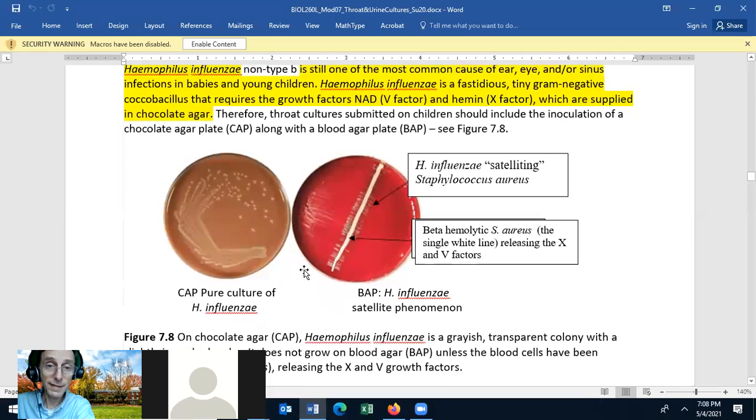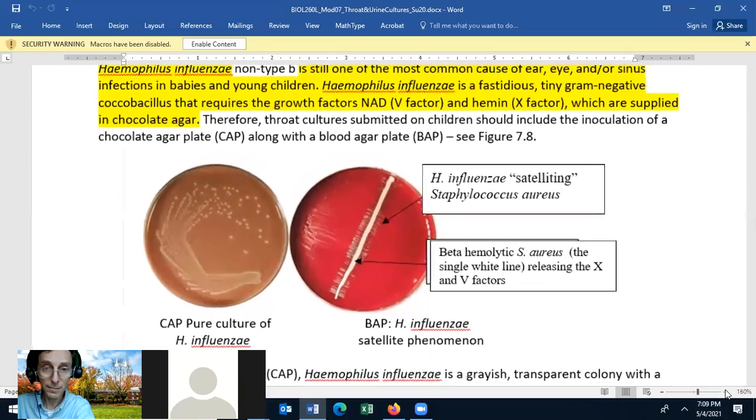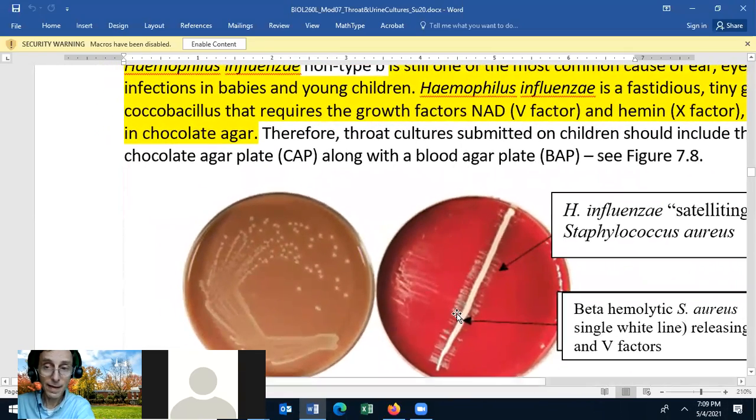Curiously, Haemophilus influenzae will not grow on a blood agar plate, but if you streak Staphylococcus aureus down the blood agar plate this way, and then streak Haemophilus influenzae across the streak of Staphylococcus aureus, let me blow this up a little. The Haemophilus influenzae will not grow in this region of the plate, but near the Staphylococcus aureus, the Haemophilus influenzae will grow.